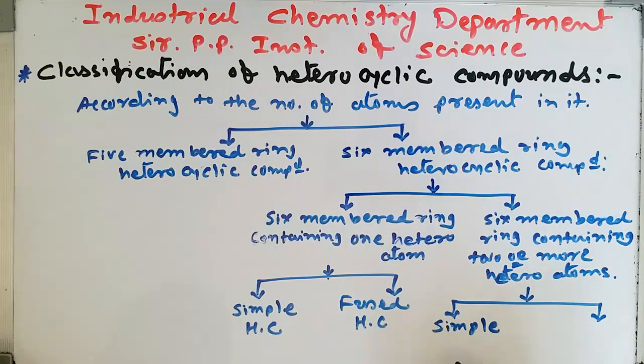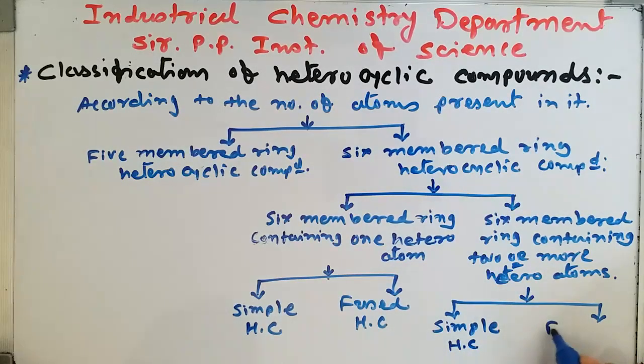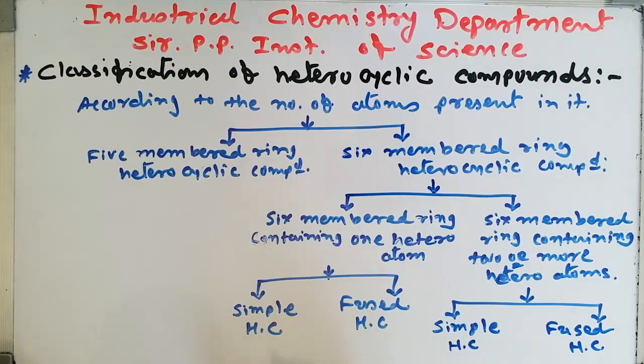A 6-member ring containing 2 or more heteroatoms is also subclassified into simple heterocyclic compound and fused heterocyclic compound.